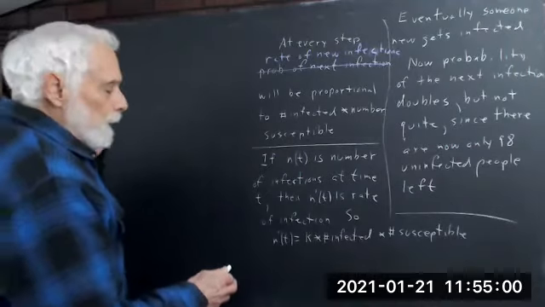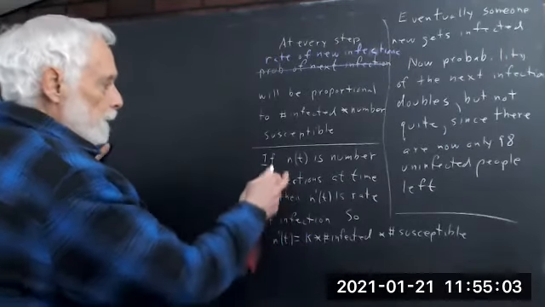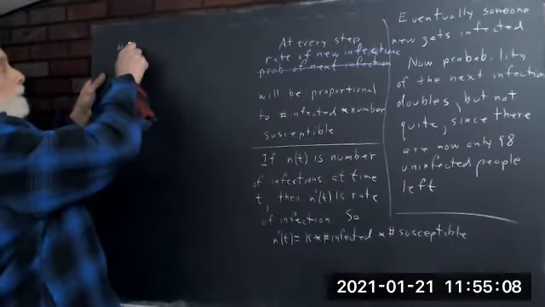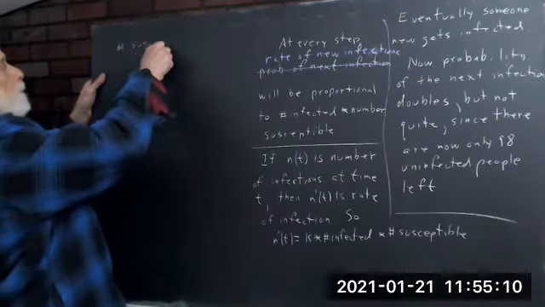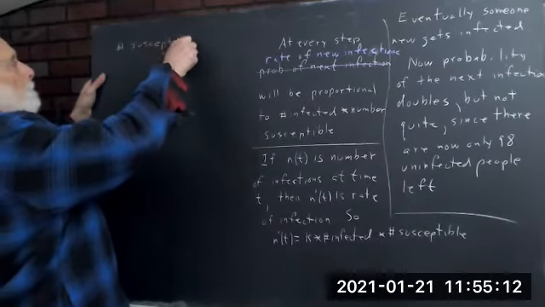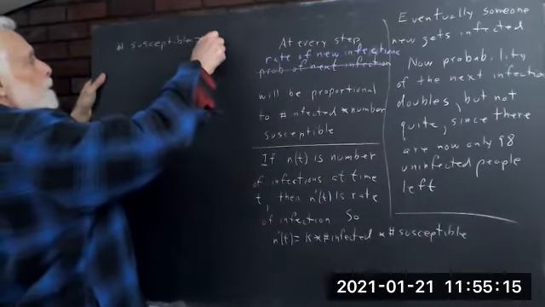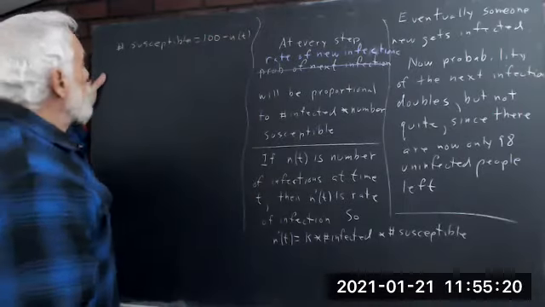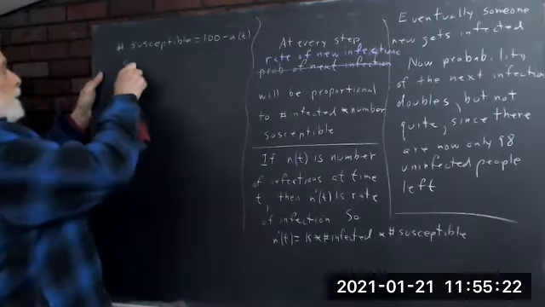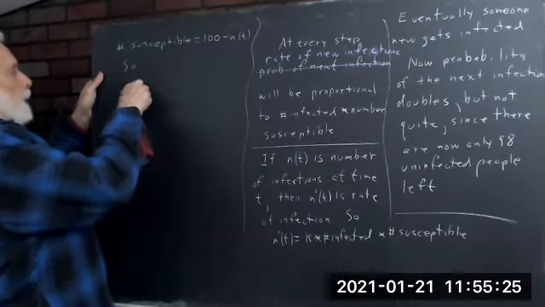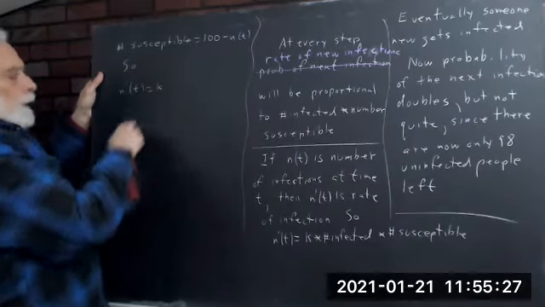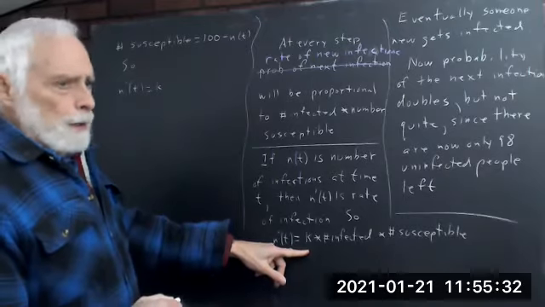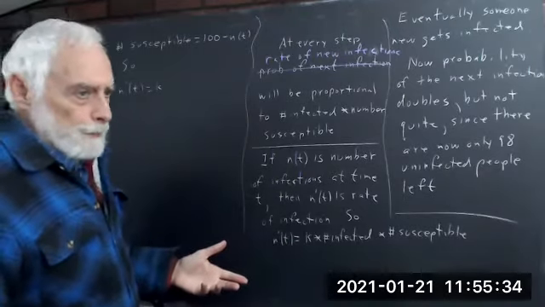Okay, well, your number infected is N of T. Your number susceptible is 100 minus N of T. So N prime of T equals some proportionality constant, and that proportionality constant just depends on how quickly the disease spreads.